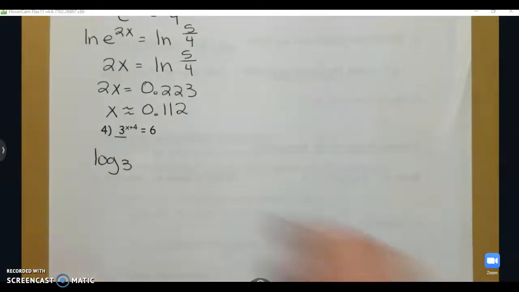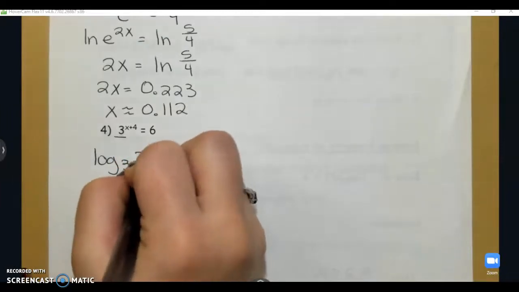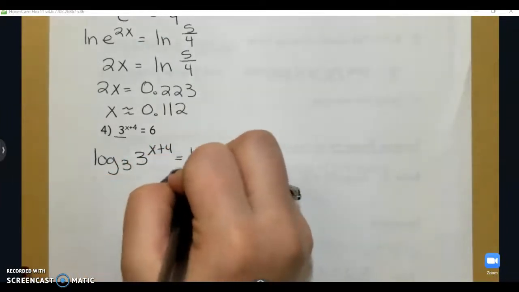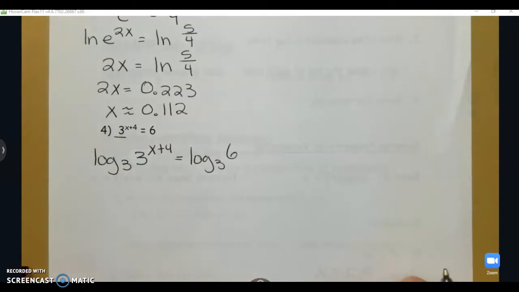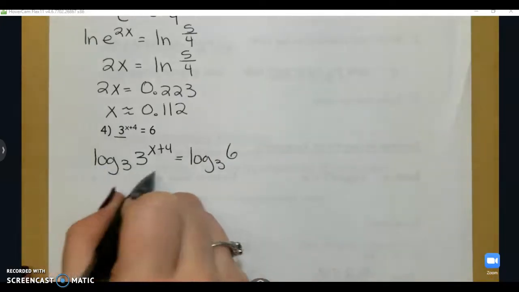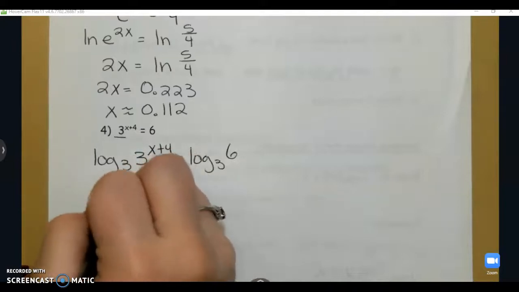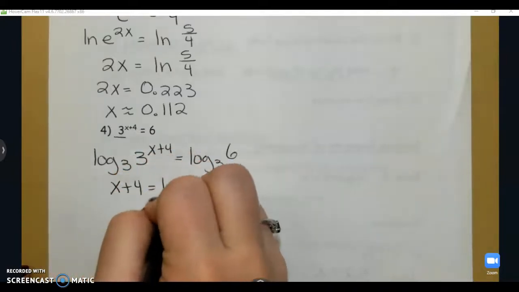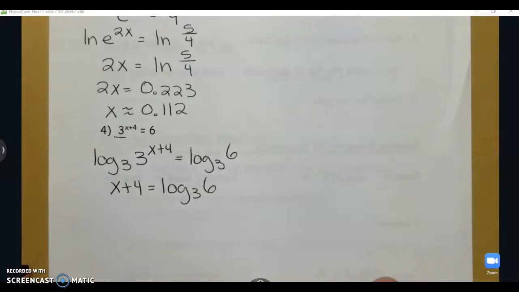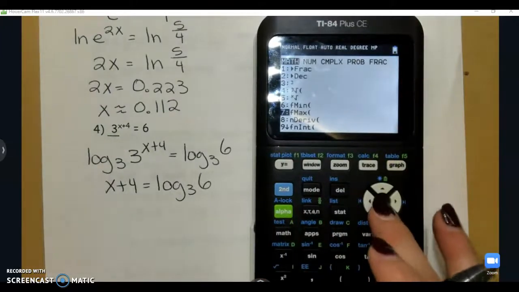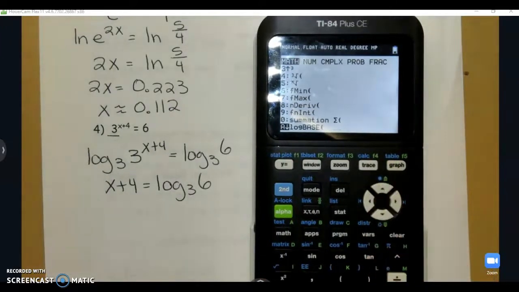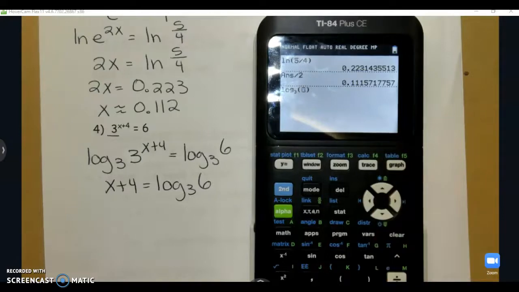Log base 3 of 3 to the x plus 4 is equal to log base 3 of 6. Again, inverse property, log base 3 of 3 to the x plus 4 is x plus 4. And so that gives me log base 3 of 6. So I'm going to type this into my calculator. Again, going to math, scroll down to option A, log base 3 of 6.